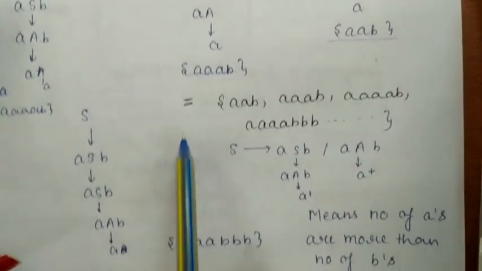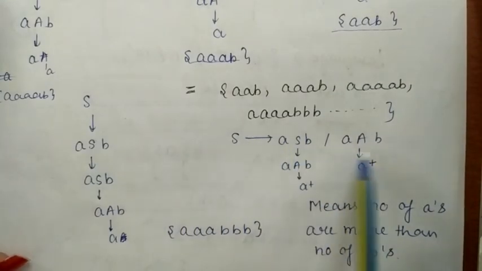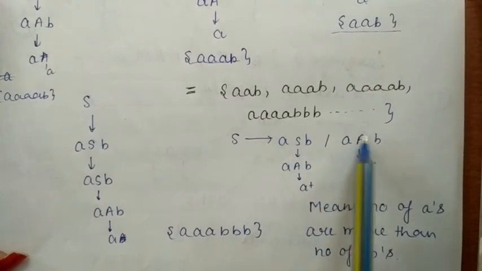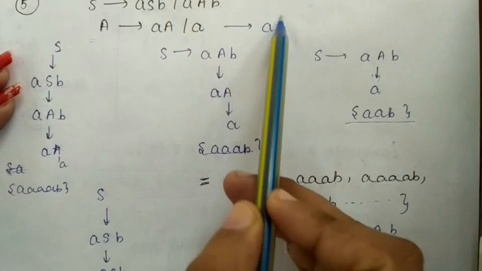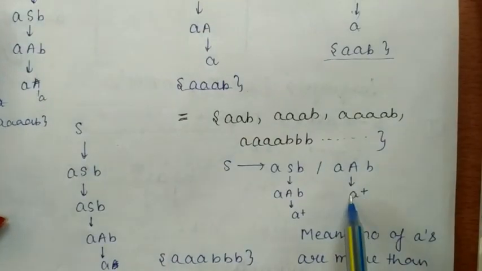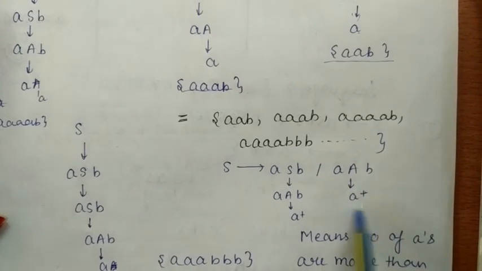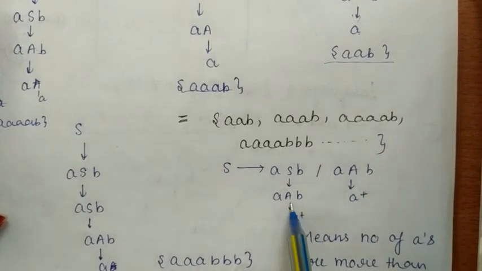S has two productions, this and this. This is the production for A plus, and if we replace this S by this, that is also a production for A plus.